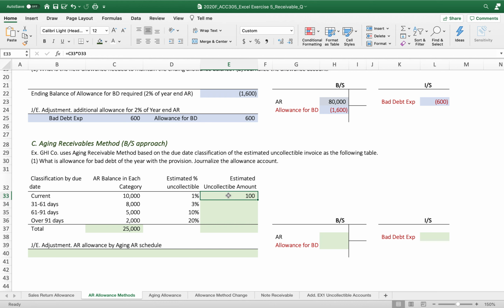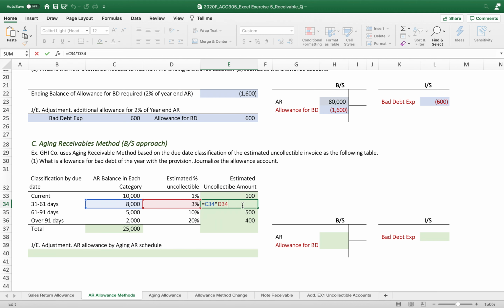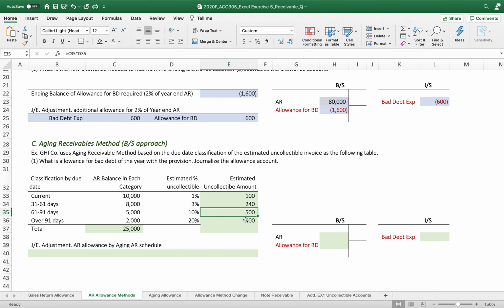So we expect that $100 is not going to be collected. In the same way, let's drag down. So we got the estimated uncollectible amount for each classification by due date. So let's sum up.